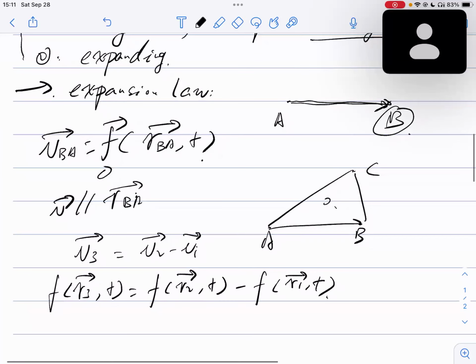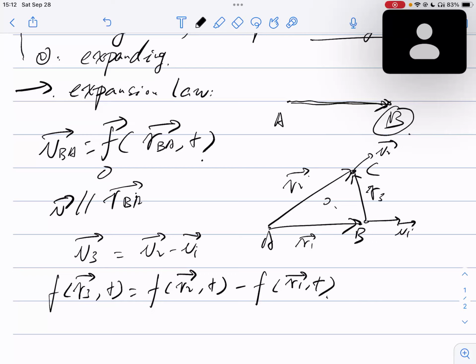So let's use this diagram to represent it. If R_AB equals R1, and this is V1, R_AC equals R2, this is V2, and R_BC equals R3, this one equals V3.